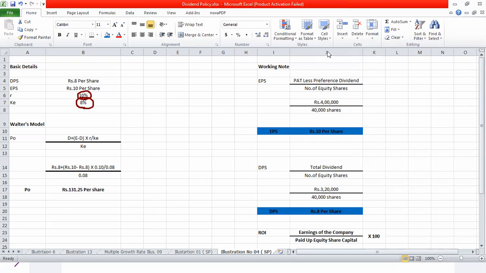So it is better that the company uses the funds by itself rather than giving them to the shareholders. In such a situation, the company can increase its market price.